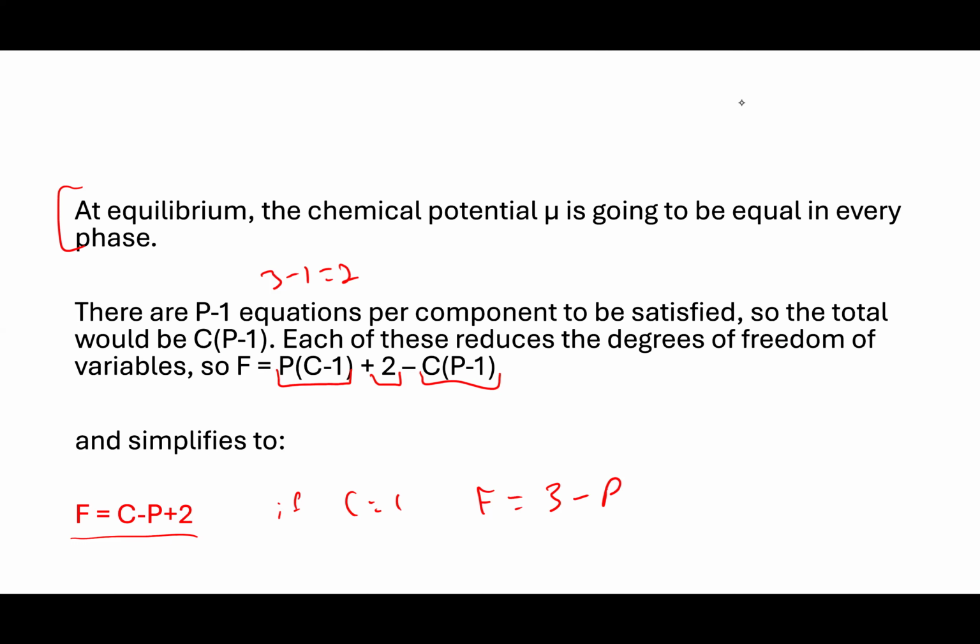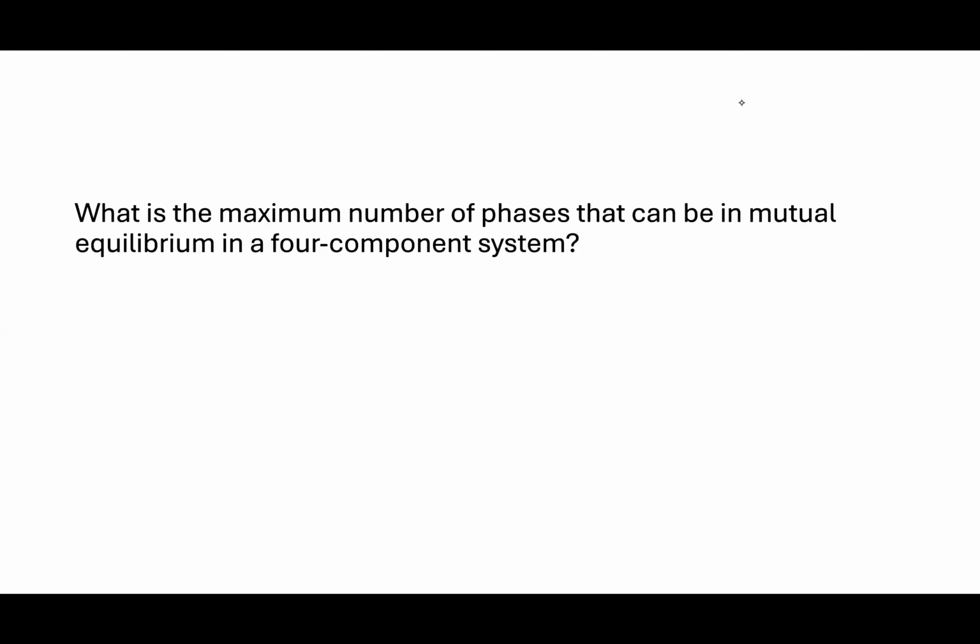If we wanted to use this, take the maximum number of phases that can be in mutual equilibrium in a four-component system. So we have 4 components. If we're in mutual equilibrium, they'll have to be together in the same place.